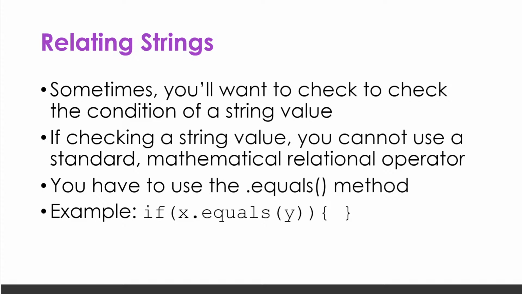So if we're checking a string value, you cannot use a standard mathematical relational operator. You cannot use a standard double equals. You need to use the dot equals function. So we could enter in and check, say, a password against a relational string.